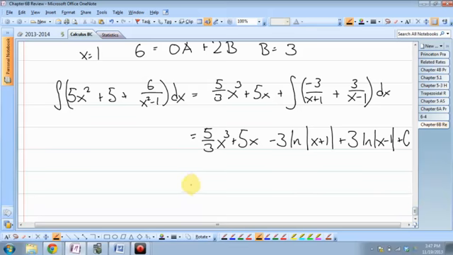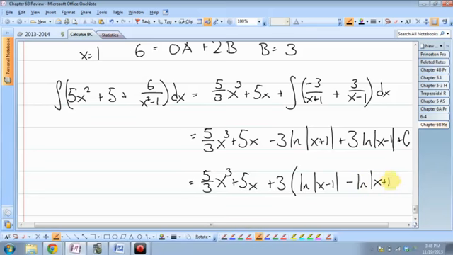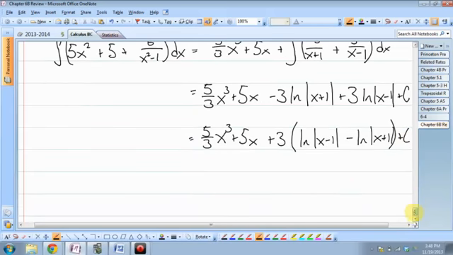I think there's one, possibly two simplifications you could make. You could factor out the 3, rearrange the order. Gives you the natural log of x minus 1 minus the natural log of x plus 1 plus constant. And then you can turn that into a ratio.